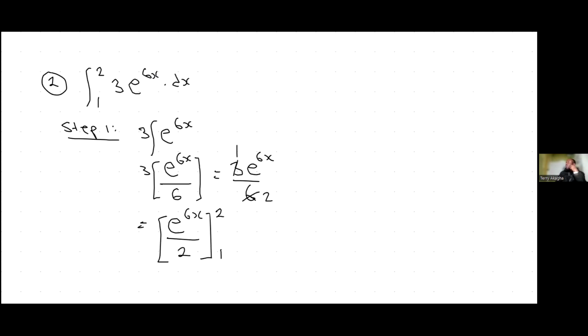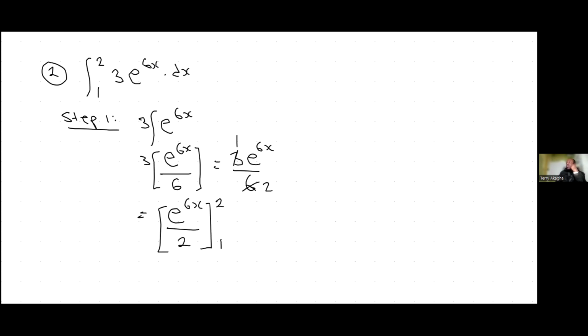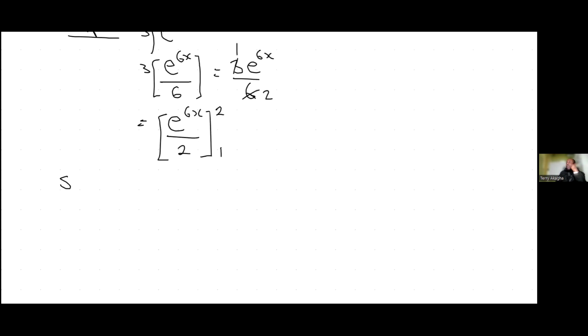So now we can go straight to step 2. We then have to substitute the upper limit. So we're going to substitute 2 into this. So it's going to become exponential 6 into bracket 2 divided by 2. Is that making sense? And that will be the answer for that.